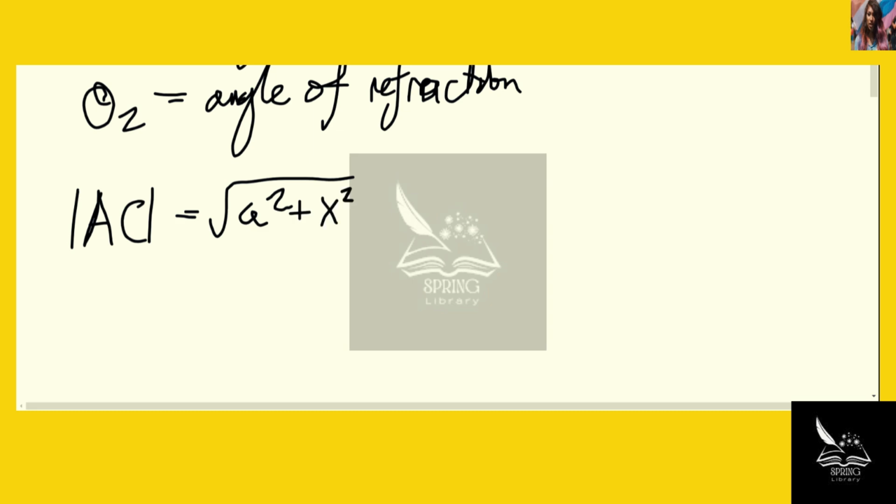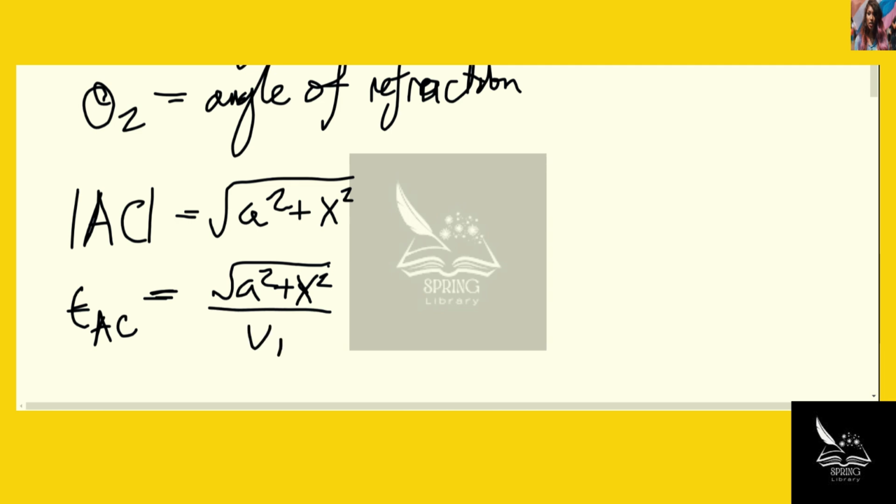And the time it takes light to travel from A to C, we'll call this TAC. This is the distance traveled divided by the velocity, or the square root of a squared plus x squared over V1, since it travels through air. Now I'll take the derivative of t with respect to x by using the chain rule.